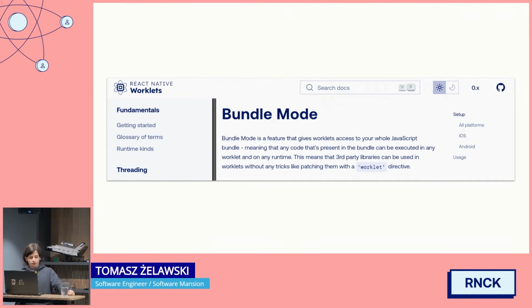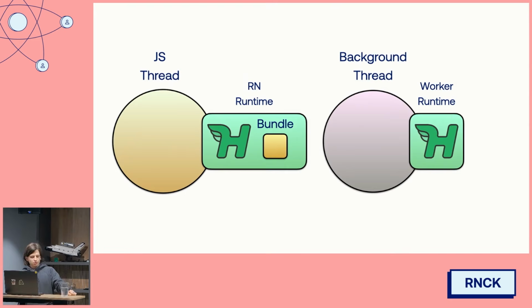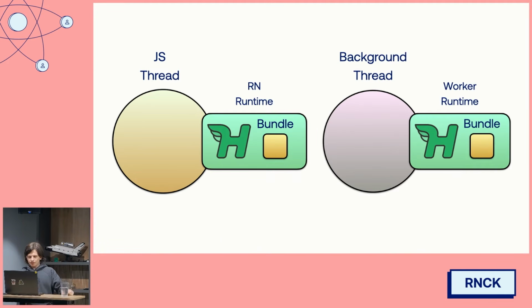What it does is integrate deeply with the code and tools available in React Native to access the JavaScript bundle before it's loaded to the React Native runtime and to share it across as many runtimes as we need. So now we can have a background thread with its own separate runtime, called a worker runtime, and pass the bundle there. And so how does it work if it doesn't use strings?